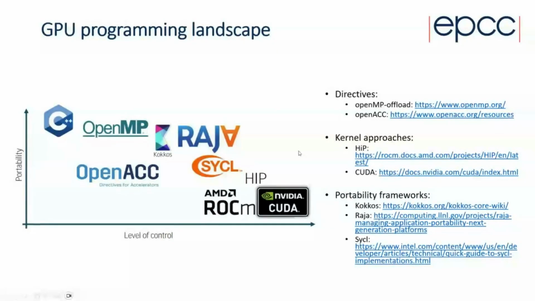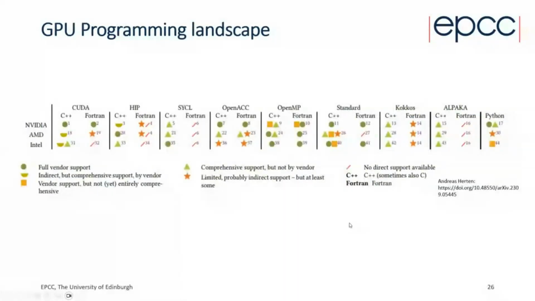Okay, and finally, the level of support for these different interfaces changes depending on the hardware vendor you're targeting. This is a nice figure from a paper that discusses the level of support across programming languages and different hardware vendors. So obviously we're going to talk about HIP here.